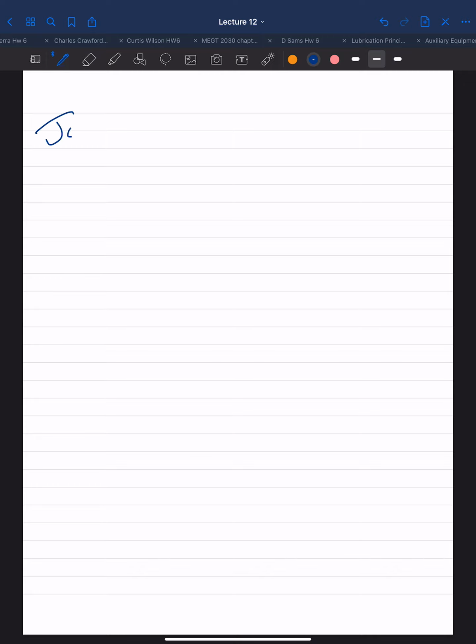Next joint, joint B. You have your P1, which is 10 kilonewtons, coming down. You have your FCB, which we calculated as 4 kilonewtons.